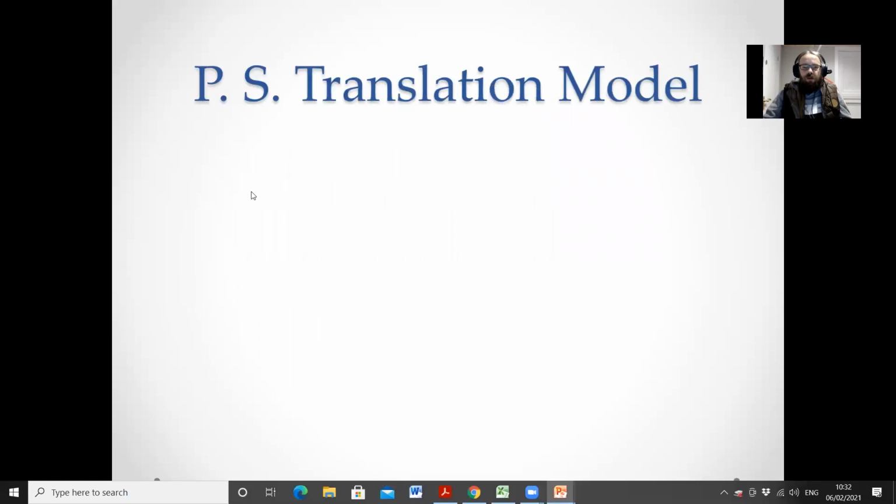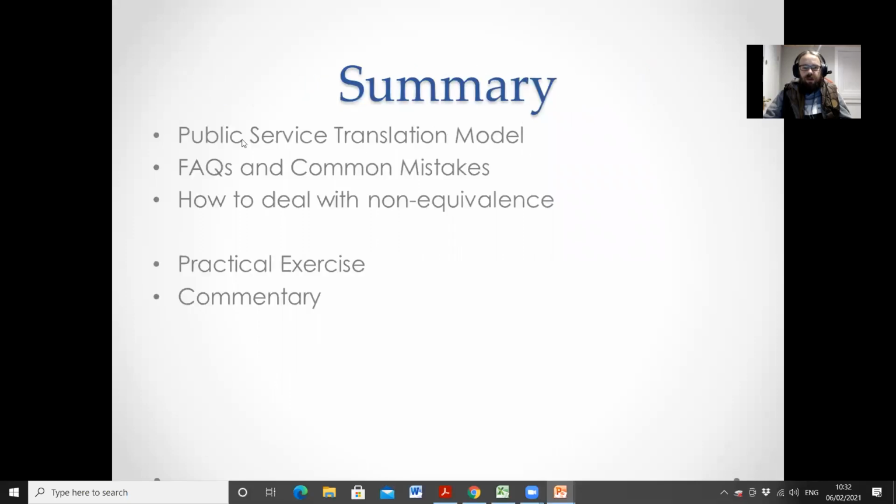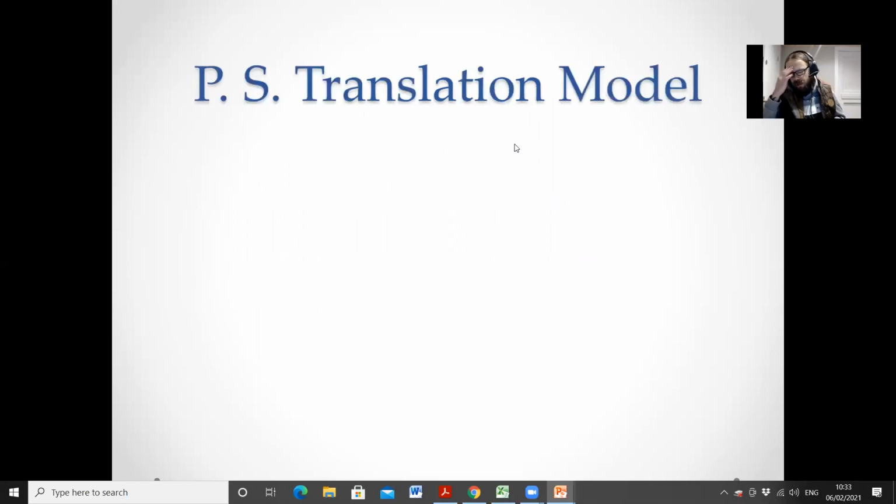So first of all, this first thing here, the public service translation model. What this basically is, is just a framework that I like to get students to think about, in order to help you understand what it is we're trying to do. Sometimes we do an exercise in the class where we get people to think about different elements that make up a message, and it could be any type of message.